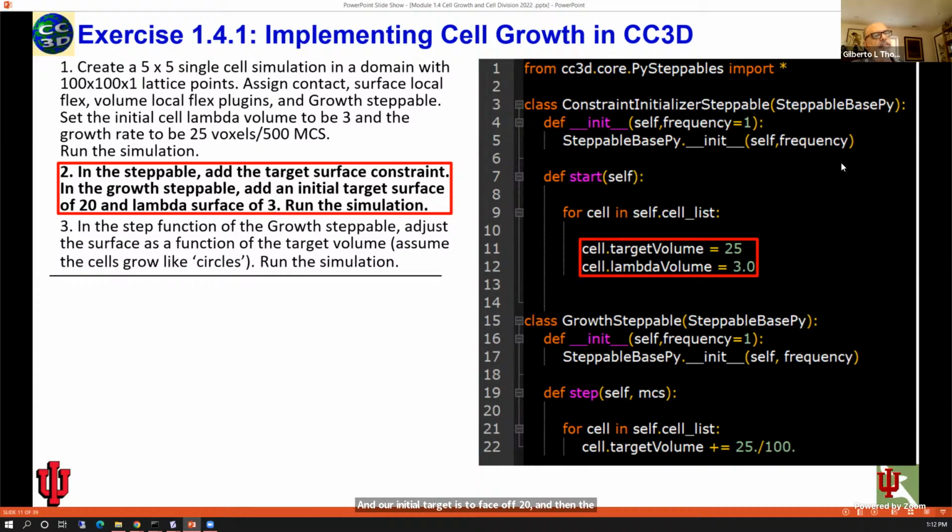In the right window here in the image, you see the place in the steppable where the attributes for the definition for the volume plugin are. So this is the place where you have to add similar lines like those, just change volume to surface with those values, 20 and 3.